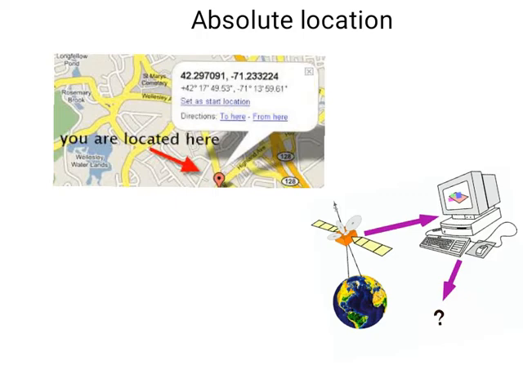Okay, in the previous slide I described a location in terms of a latitude and a longitude. If we use this type of method for describing our location, it's what we call an absolute location. So you can see here, here's the question, you are located at, and we have a particular latitude and longitude.